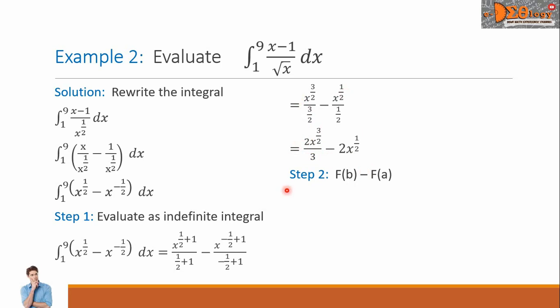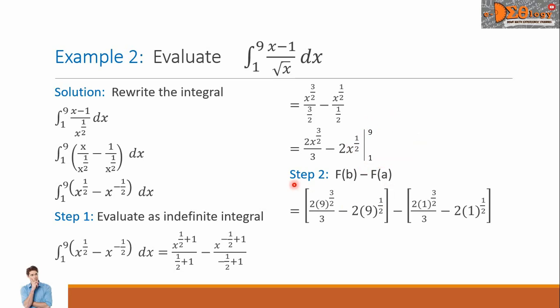From here, we go to step 2, that is F of b minus F of a. In some books, you will see this notation, a vertical line, and we put the limits of integration, the 1 and the 9.